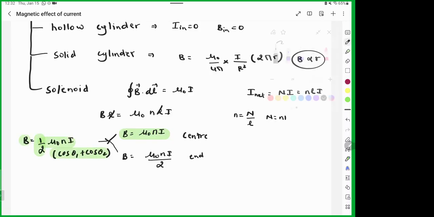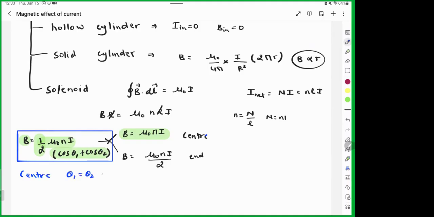Okay, any doubt? This is the formula for the solenoid. If you take it at the center, what will happen? Here both angles will be 0. At the center, theta 1 and theta 2 will be equal to 0.